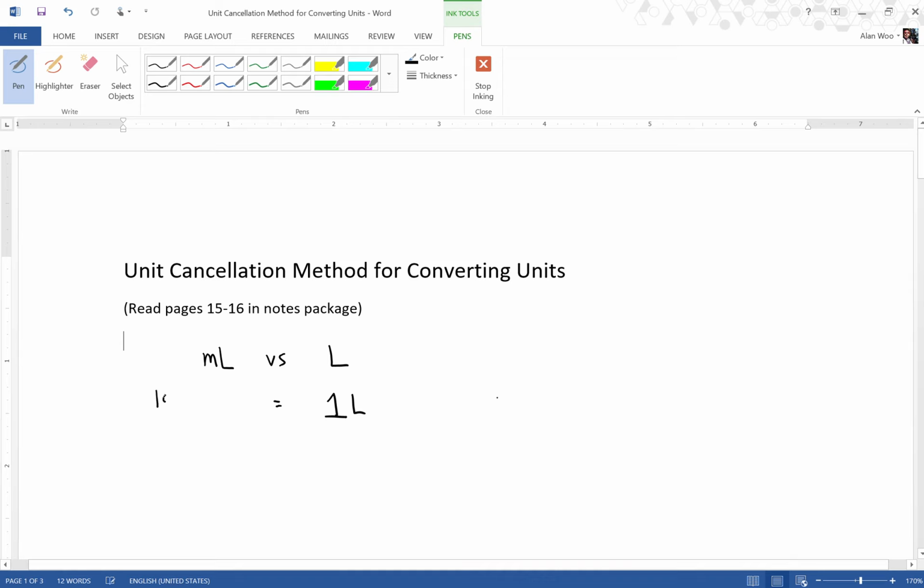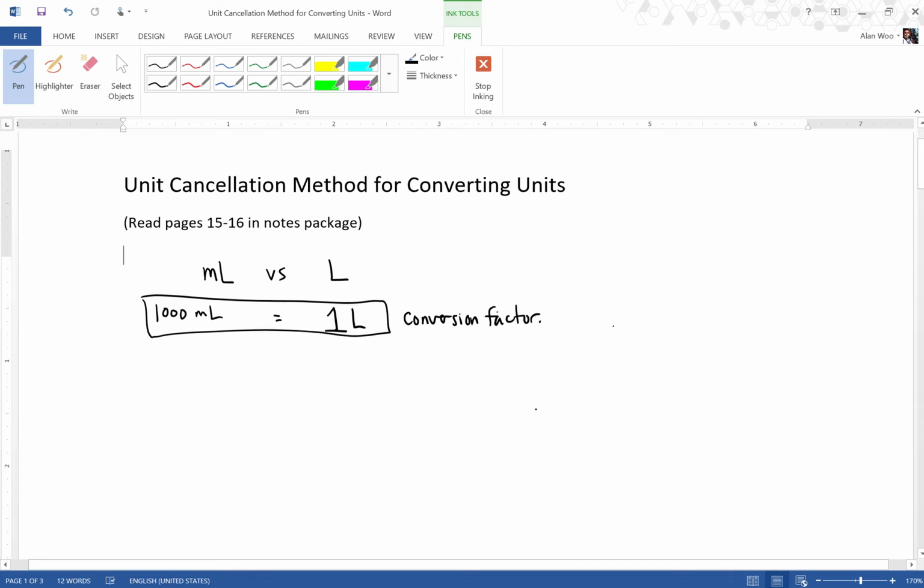If you said 1,000, then you're correct. This relationship between 1,000 milliliters and 1 liter is my conversion factor. I can use this relationship to convert any quantity in milliliters into liters, or vice versa.